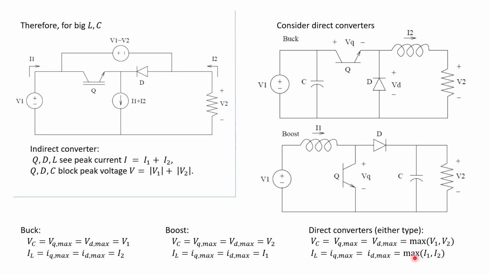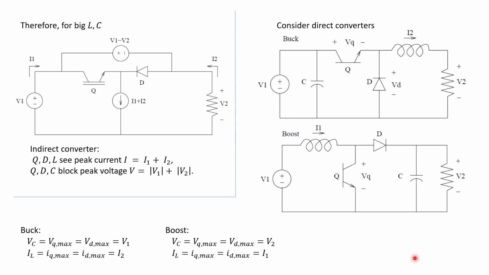Let's say V2 is twice as big as V1, then the component stress of the direct converter is just V2, which is twice, like if you consider the size of the capacitor, let's say the size is 2, but for the indirect converter you have absolute V1 and absolute V2 added together, so you have a size up to 3, so 2 versus 3, right?